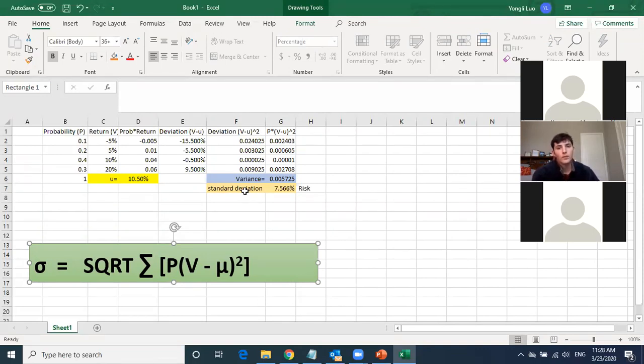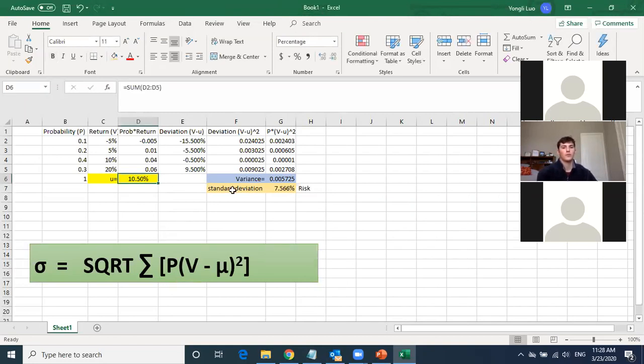If the two stocks have the same level of expected return, you choose the one with lower standard deviation. Same level of return, you choose the stock with lower risk. If you have two stocks with the same level of risk or standard deviation, you choose the one with a higher expected return. Do you understand what I'm talking about? Any questions?